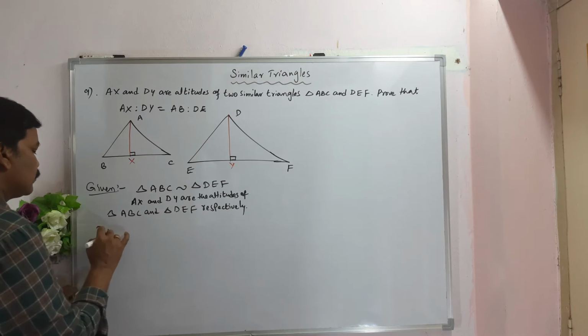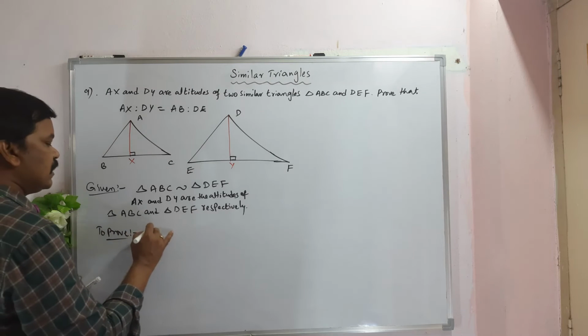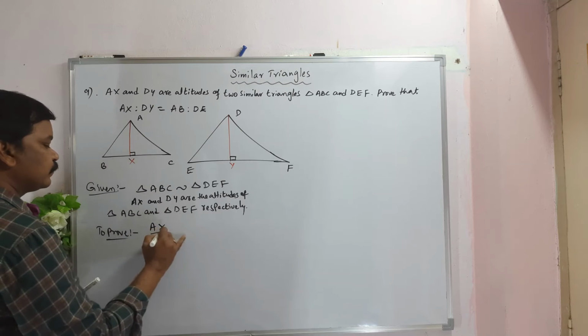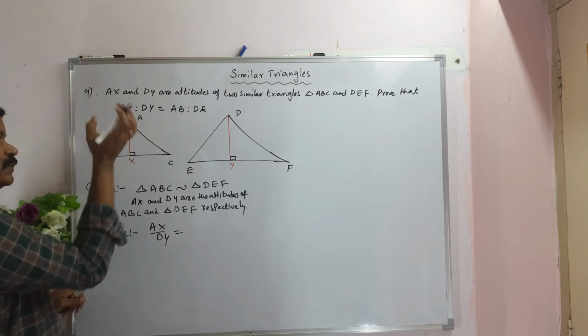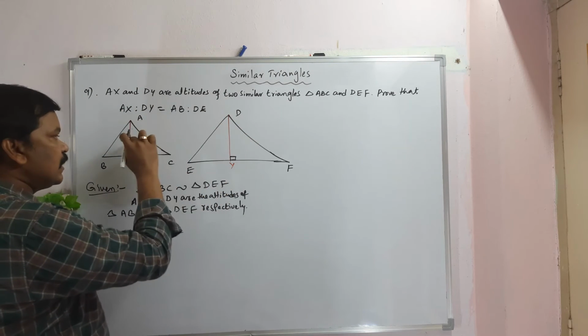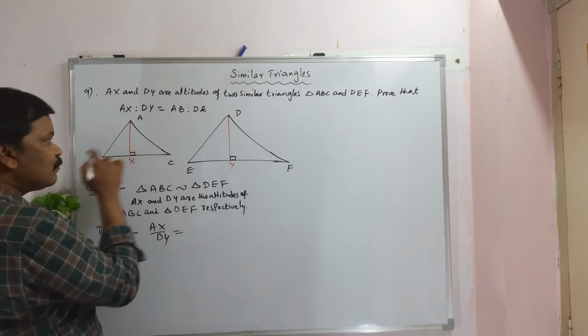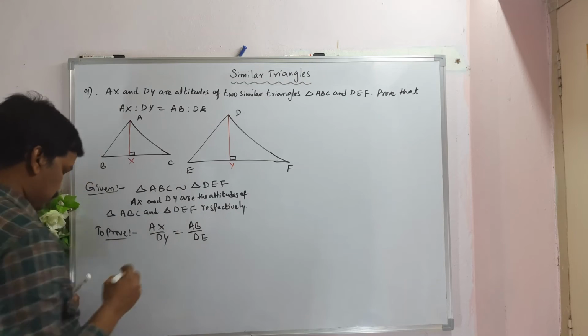So what is to be proved here? To prove AX by DY is equal to AB by DE.